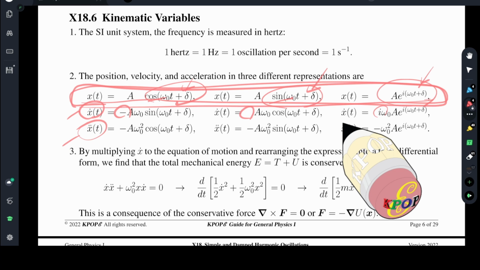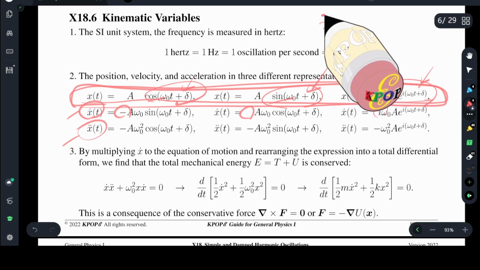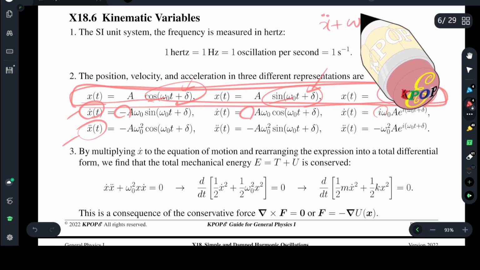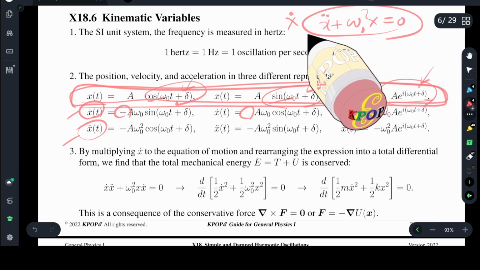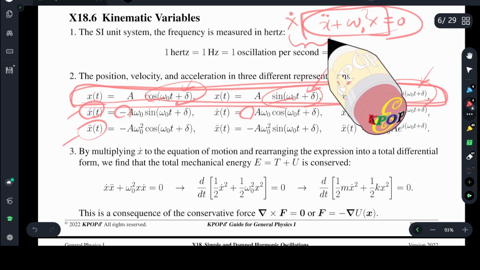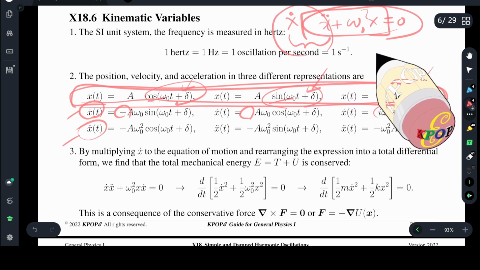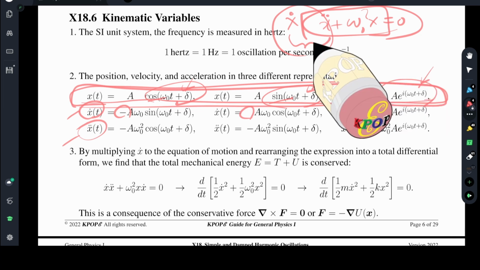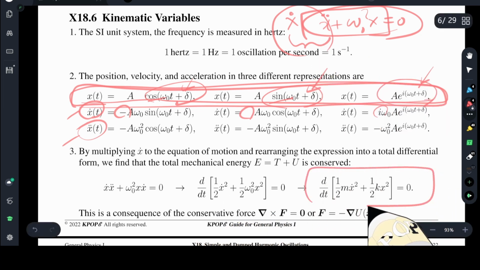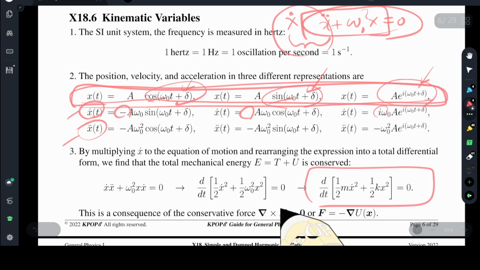Now, let us return to the equation of motion for the simple harmonic oscillator. Why don't we multiply by the velocity? Then we can make use of the Leibniz formula for finding the total differential, and you end up with the fact that total mechanical energy is conserved.